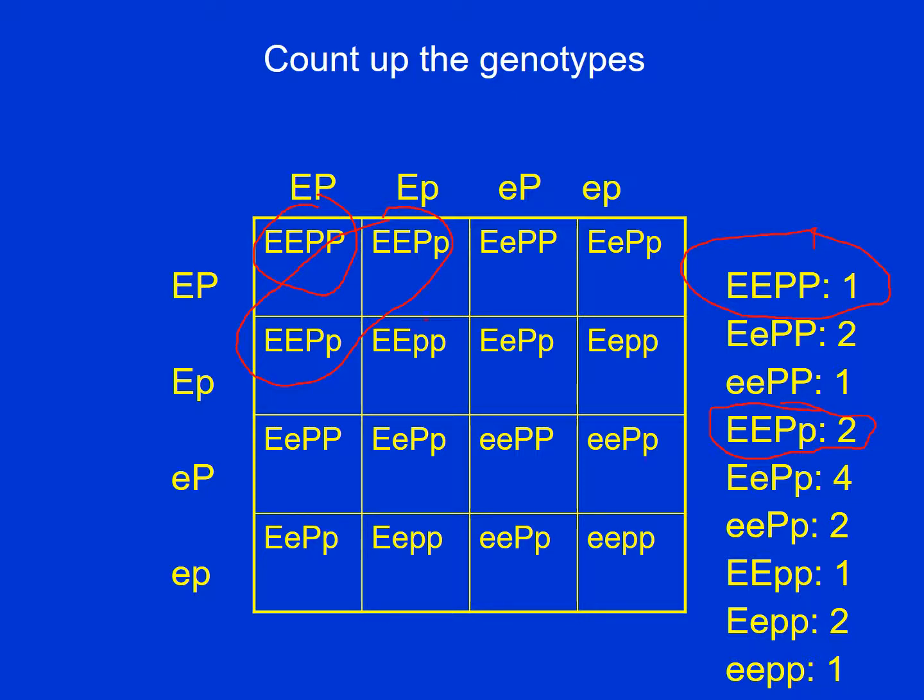And then we have one that's homozygous for black and homozygous for horned. That's this one here. We've got two of these, heterozygous for coat color, homozygous polled. That's these two.